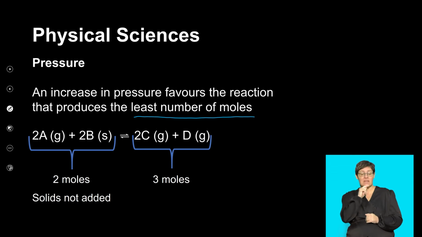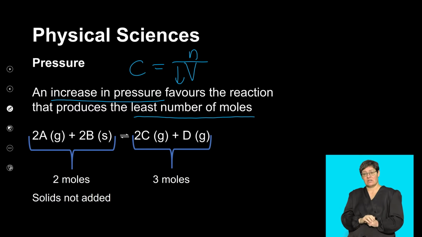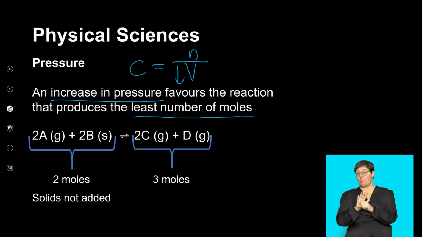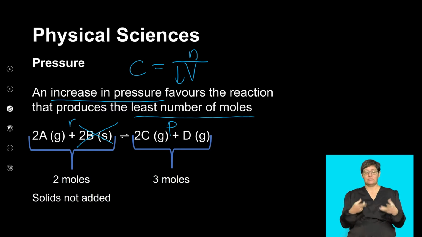So when the volume is decreased, if you look at C equals n over V, it basically means that the system will try to make fewer moles. What's very important when we look at pressure is that we need to add the number of moles on both our reactant and our product side. Just remember, the solid is not part of our Kc expression.